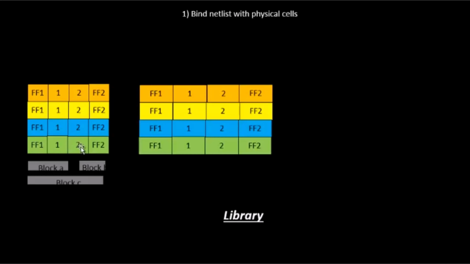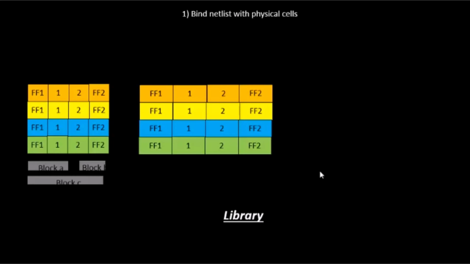This particular cell, let's say 2, functions as an AND gate. This will also function as an AND gate, but it will be slightly bigger in size. And the second difference between this AND gate and that AND gate is that since it is bigger in size, it will have a least resistance path, so it will be faster compared to this one.